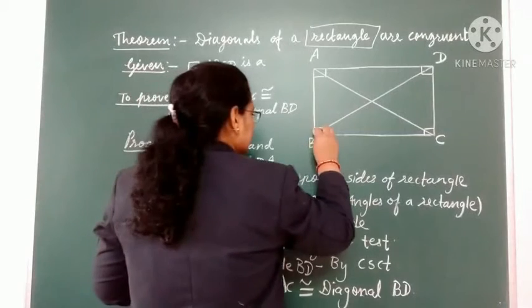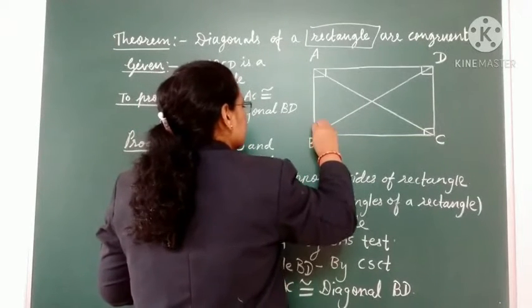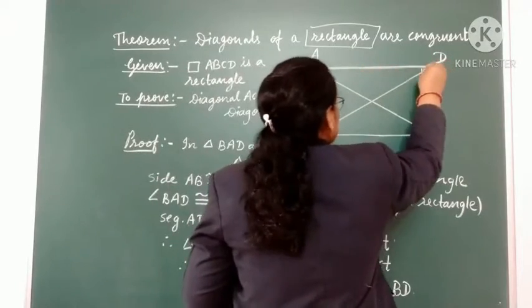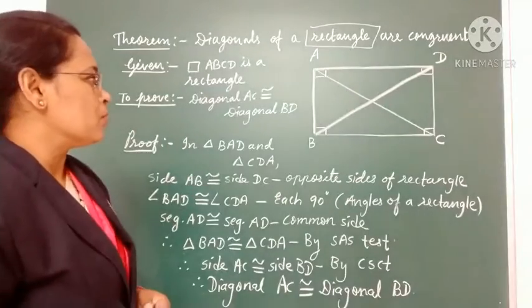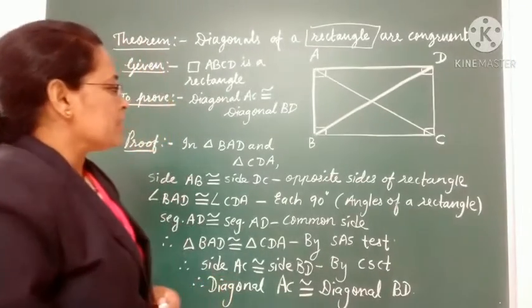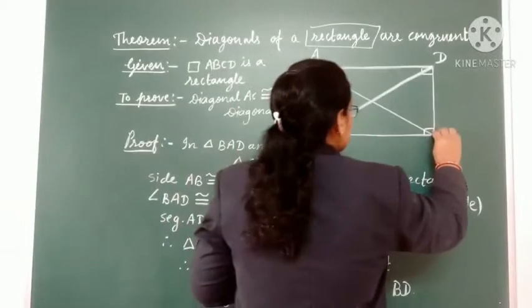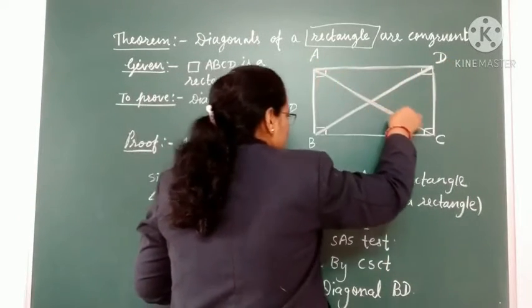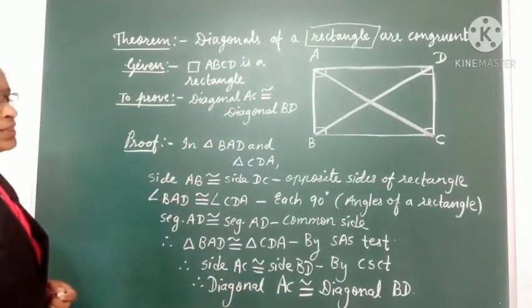Actually you can consider another pair of triangles also, but here let's consider triangle BAD, I have marked it with the bold lines, and triangle CDA.